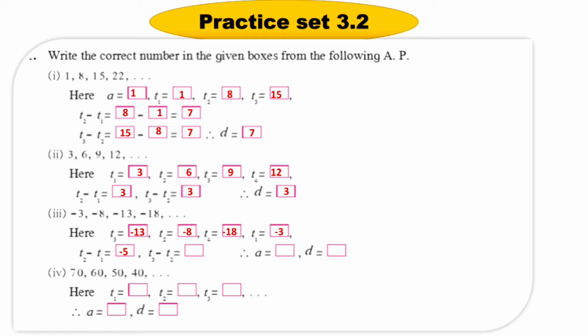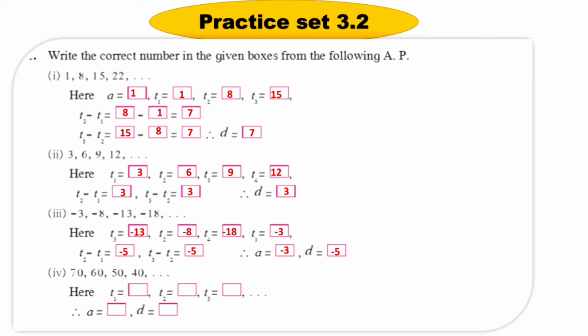T3 value is minus 13 minus T2 value is minus 8. So again the minus plus. So 13 minus 8 we get how much? Minus 5. So what is the A value? The first term is called the value of A. So value of A is minus 3. And the D, the constant difference, we got minus 5.